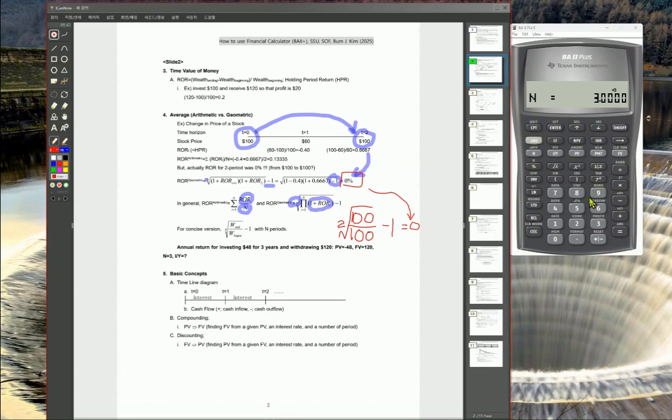The interest rate we don't have, so we need to find it, so you skip it. Enter $48, but since it's an investment, you should enter a minus sign. Be careful with the sign because the BAII Plus calculates the direction of cash flow. If you invest, which is a cash outflow, then you should not forget to enter the minus sign in front of the cash flow you are investing. So 48 minus.